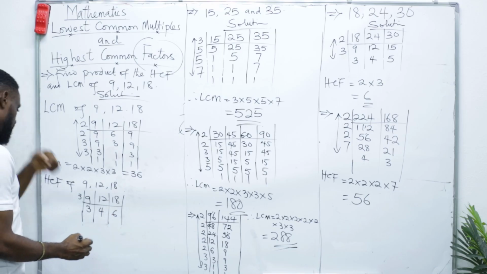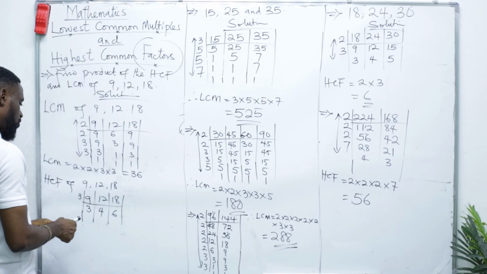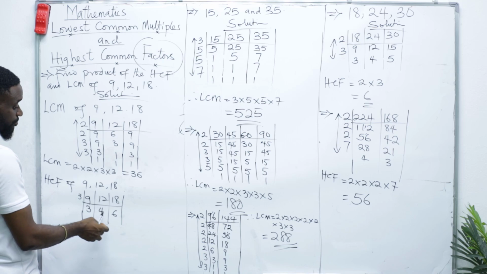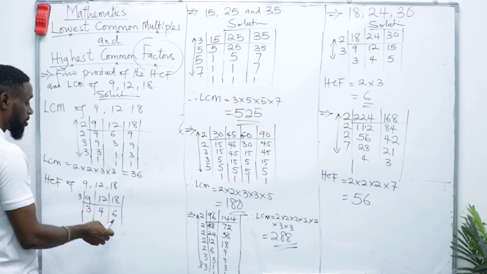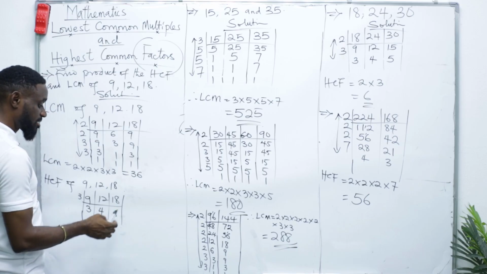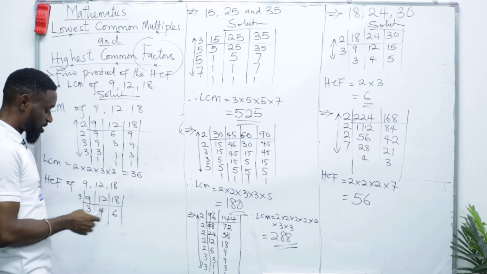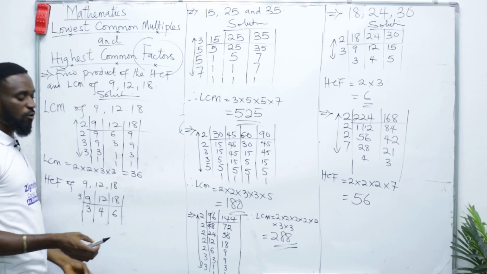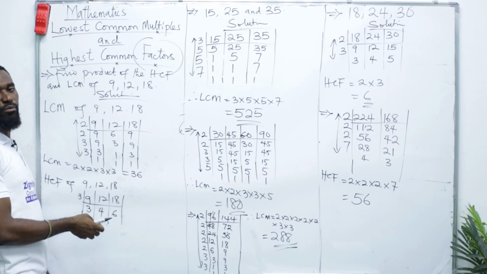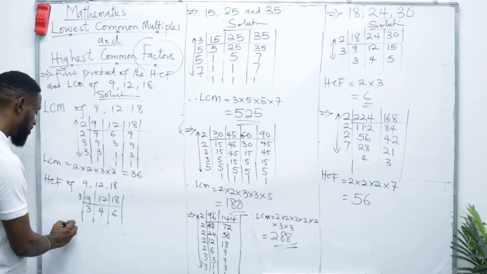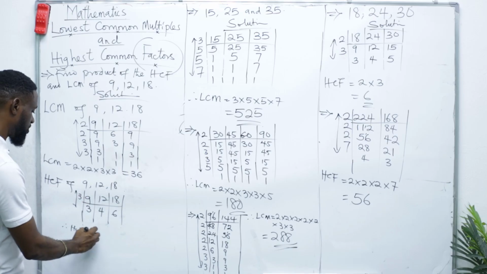Okay? Once we have that, if you look at this place, 3 and 6 have a common factor, but not with 4. 4 and 6 have a common factor, but 3 is not common with them. So because of that, the HCF is just this 3 here.